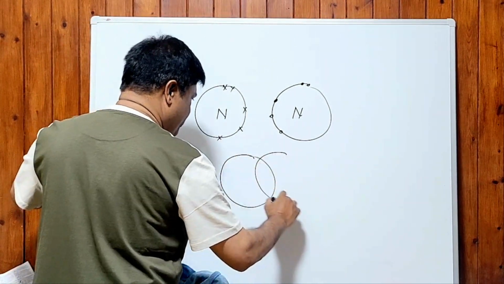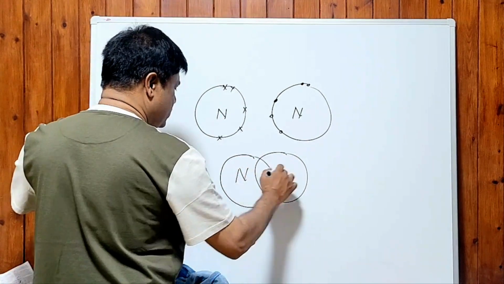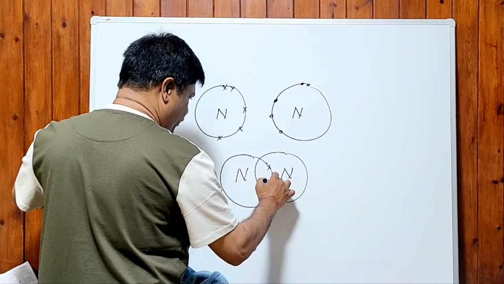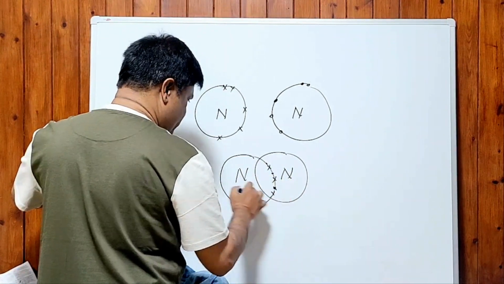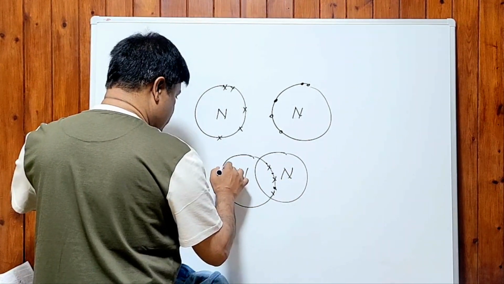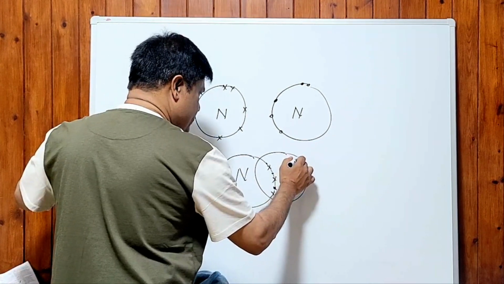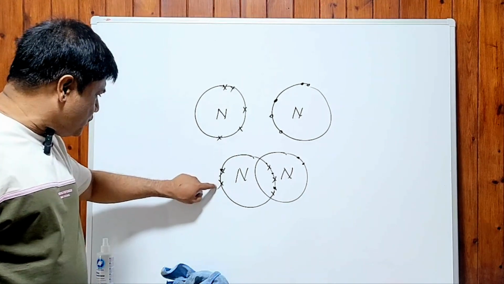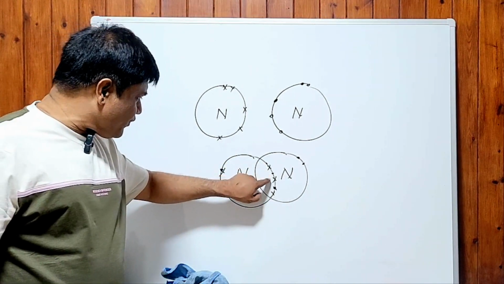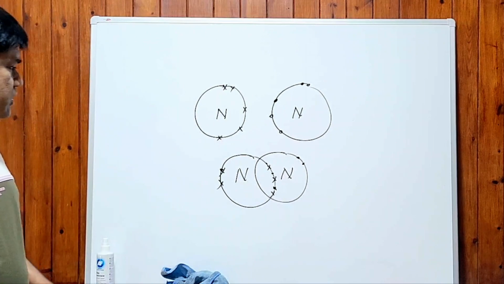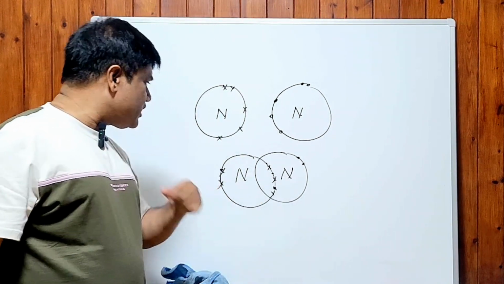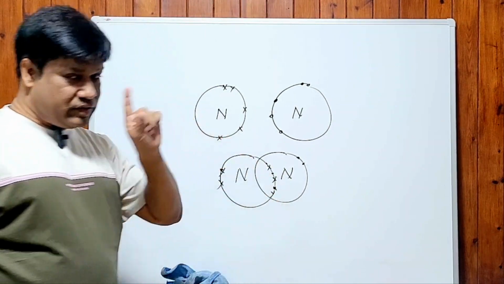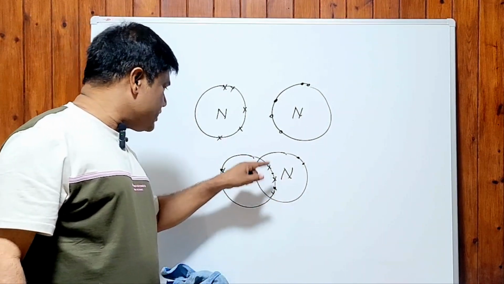To form a triple covalent bond, nitrogen, nitrogen, 1, 2, 3, 4, 5, 6, with 2 crosses and 2 dots. Check: 1 to 8. Yes, this nitrogen has 8 electrons. This nitrogen also has 8 electrons.